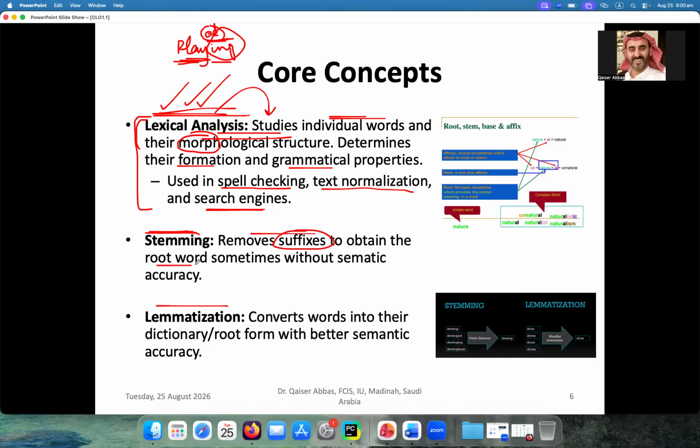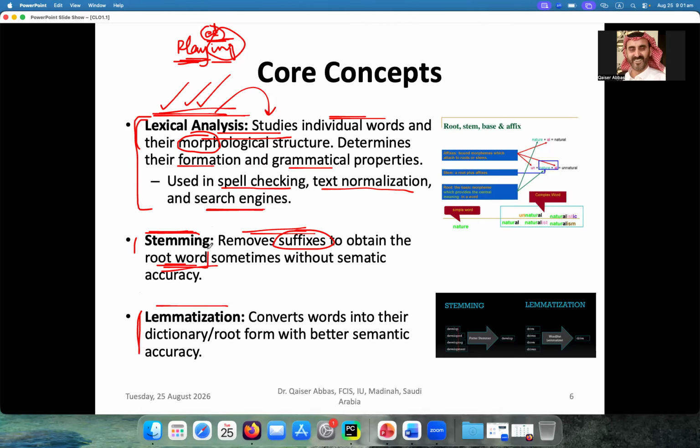I'm using the term root word. I will use this root word for stemming, and I will use it for lemmatization also. But when I present the definition of lemmatization, I will add something extra. So in stemming, you are removing suffixes from the word and finally getting the root word.